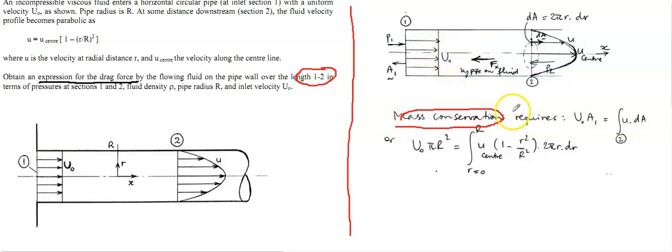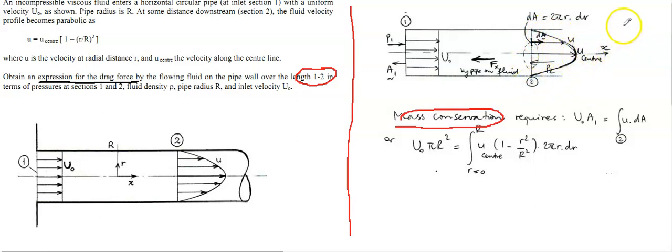Okay, before going to that, let's describe a little bit about how this schematic is working. We say the pressure P1 for this section 1, the free stream velocity is u0. This is the uniform velocity for pipe flow, so you don't need to say free stream. This is the section where the flow becomes parabolic, and this is the u center.